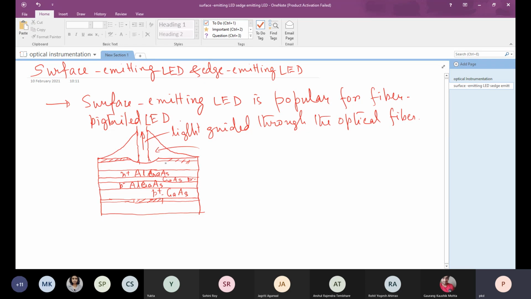Then, because gallium arsenide and aluminum gallium arsenide have refractive index close to 3, whereas silica based optical fiber has refractive index close to 1.5, there will be a mismatch. So the sites are basically matched with an index matching polymer. Generally it is epoxy resin.